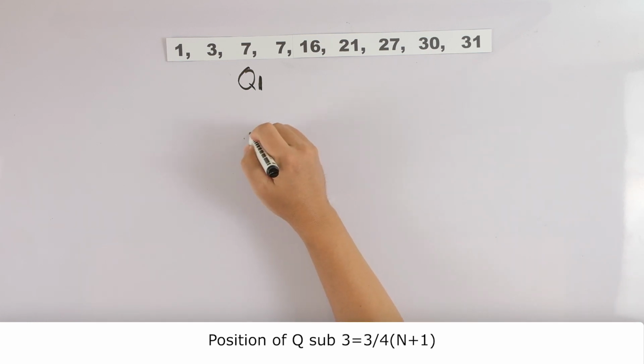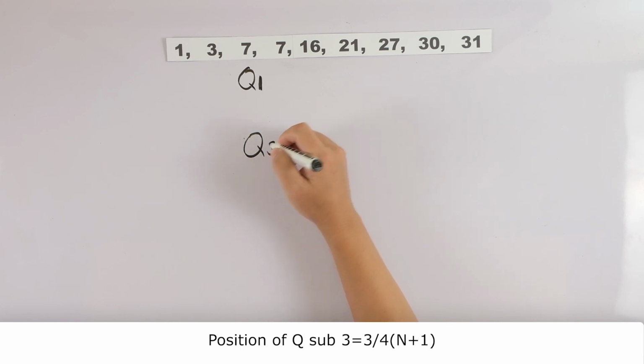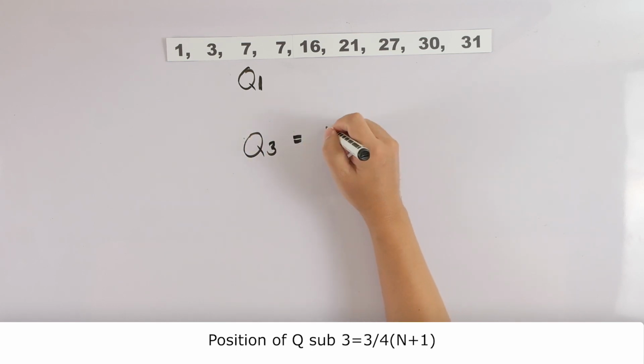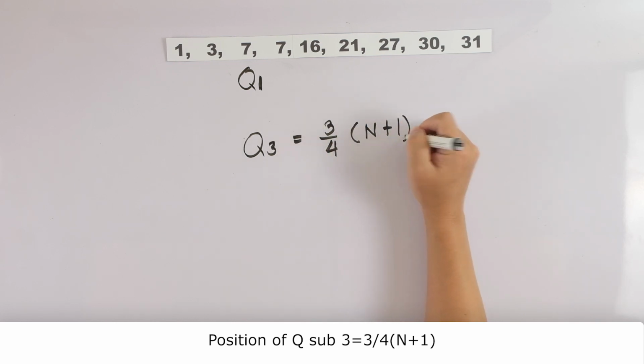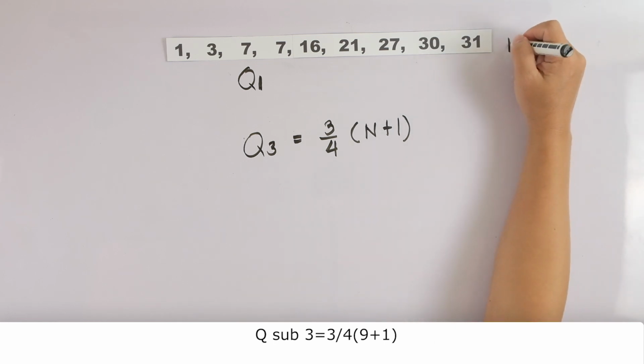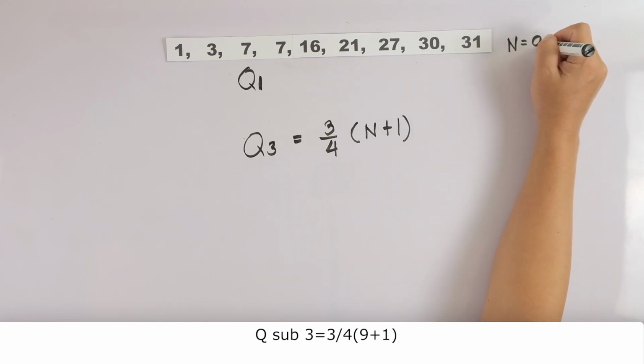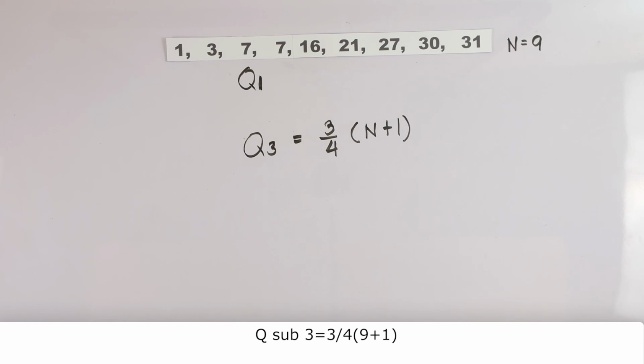So Q sub 3 is equal to 3/4 times n plus 1, where n is equal to 9 in the given set of data.